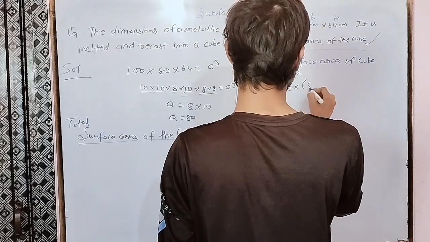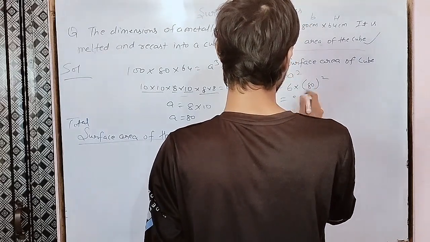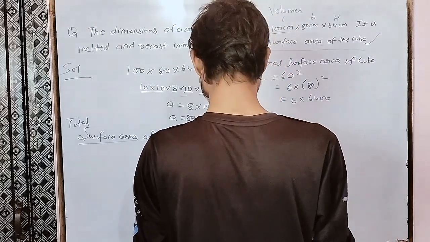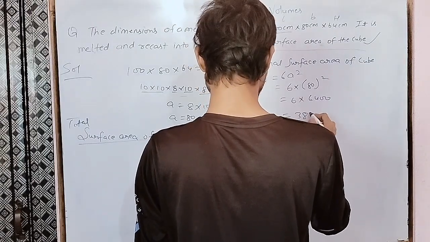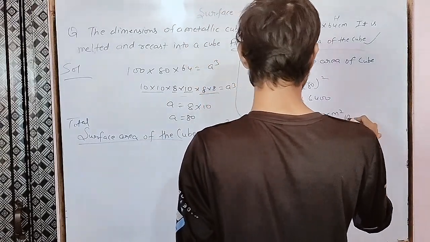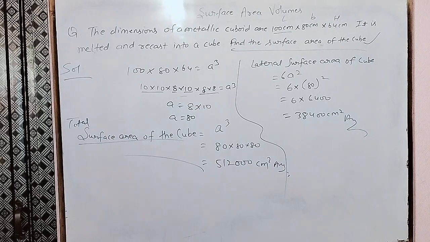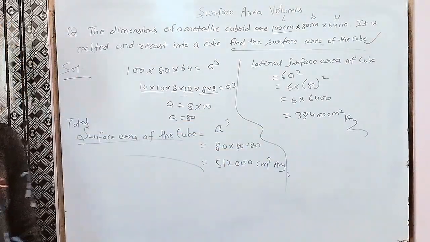Just 6 multiplied by 80 square. So 6 multiplied, it will be... okay. You can see this was the total surface area of the cube, and this is the lateral surface area of the cube.